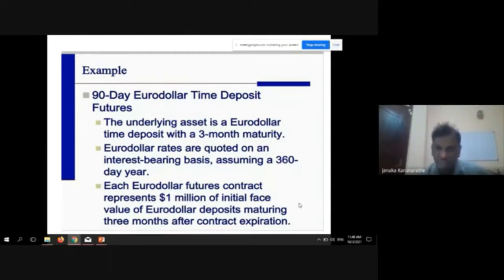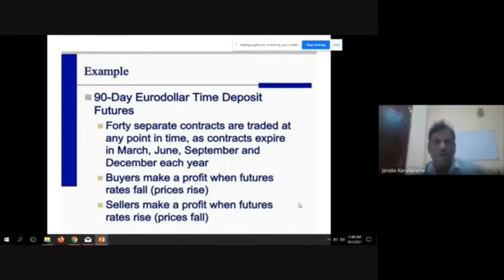For 90-day euro-dollar time deposit futures, 40 separate contracts are traded at any point in time, as contracts expire in March, June, September, and December. So I cannot find a contract which may mature in between, to my exact requirement. So the two problems are the maturity and the contract size.